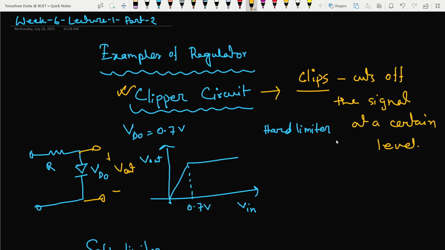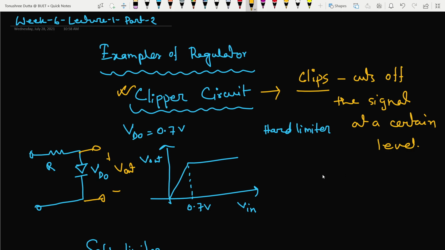We are going to study these different kinds of clipper circuits, but normally a clipper circuit is a circuit that cuts off anything of a signal that is above a certain value or lower than a certain value.